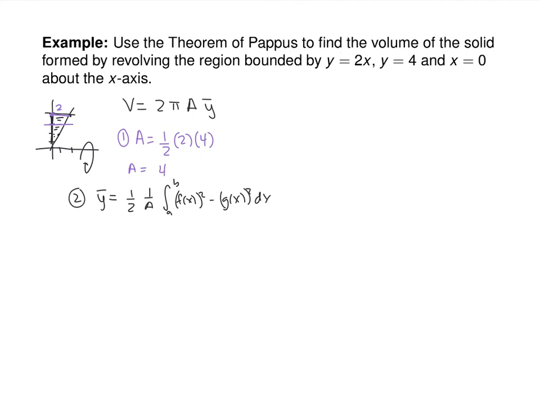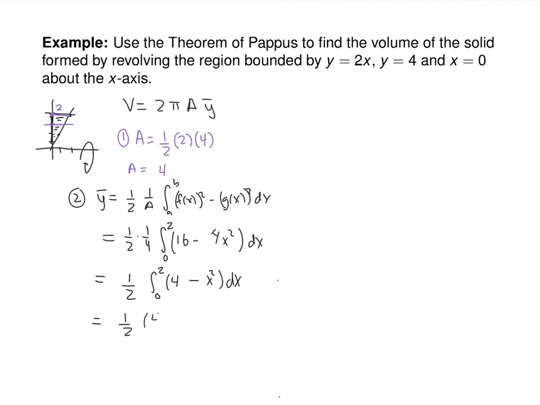And notice that f of x, the upper curve, is actually that constant y equals 4. So we have 1/2 times 1/4, integral 0 to 2, 4 squared, which is 16, minus 2x squared, which is 4x squared. I'm going to factor out a 4, which will cancel with that 1/4, giving me a half. Integral 0 to 2, 4 minus x squared dx.